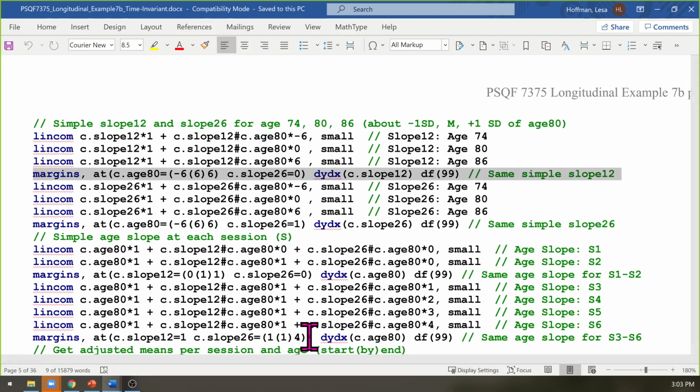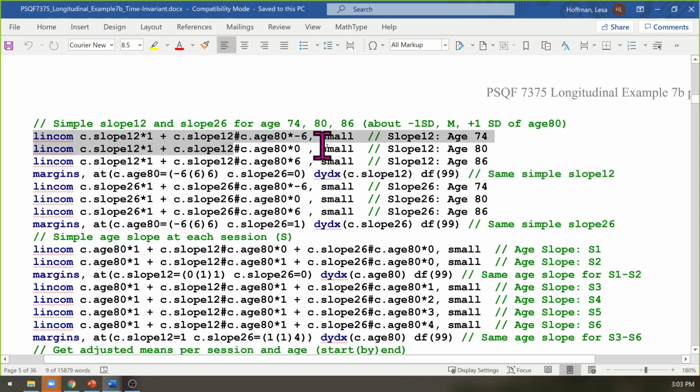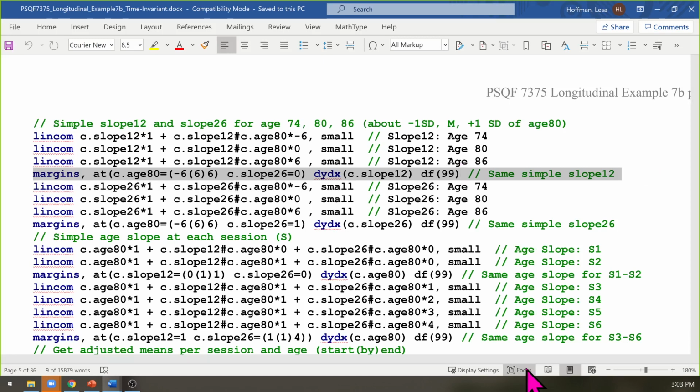Stata has a function within margins. Margins is typically used to create predicted outcomes, but it can also be used to create simple slopes. So in Stata, these 3 lines that demonstrate how to get slope 1, 2 for different ages are all given by just this one line right here.